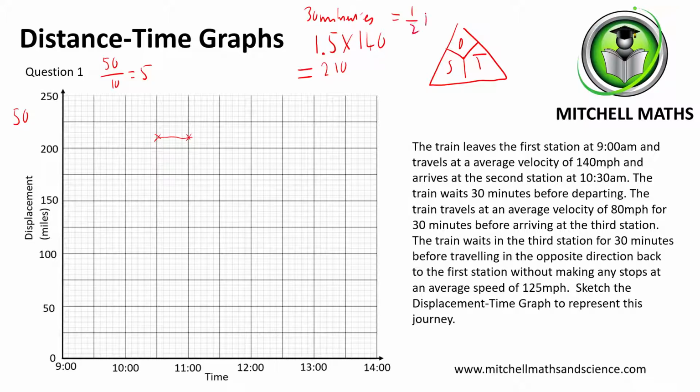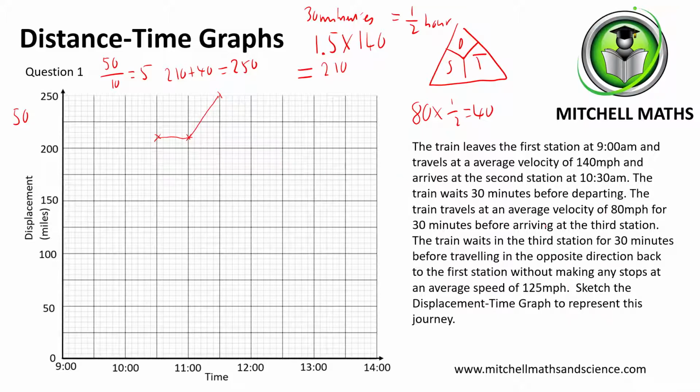So 30 divided by 60 is a half. Therefore I'm going to do 80 multiplied by a half, which is 40. So after 30 minutes, at 11:30, it will have travelled another 40 miles, and 210 plus 40 is 250. So I'm going to plot up here.